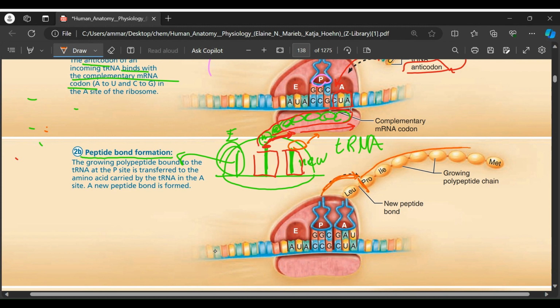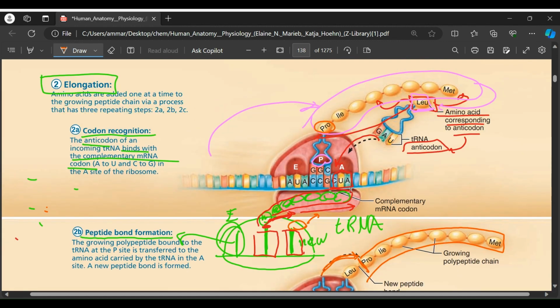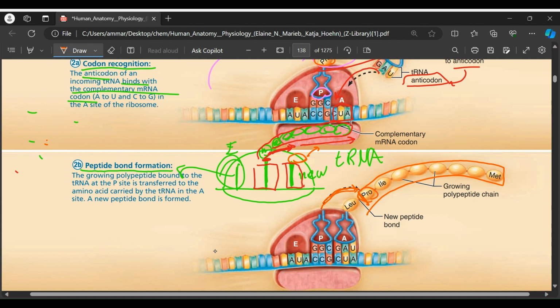Originally, this was the balloon. Look in this picture. PRO was the first one here, but it lost it, and then this one managed to catch it. And the hand of the mother or father is the new peptide bond. So that is how the polypeptide is formed by the repetition of this process.